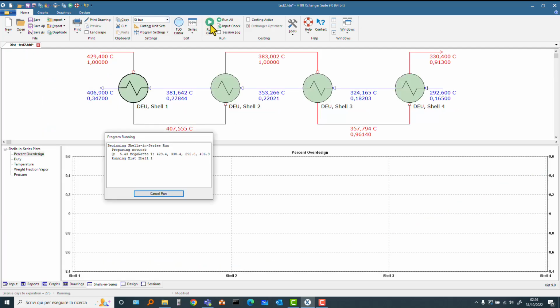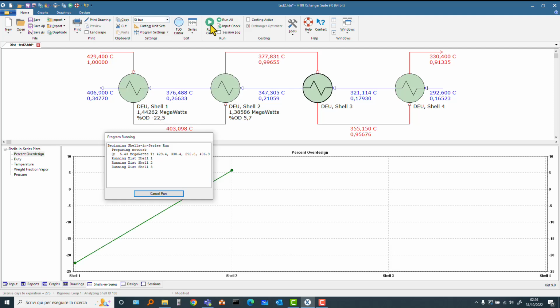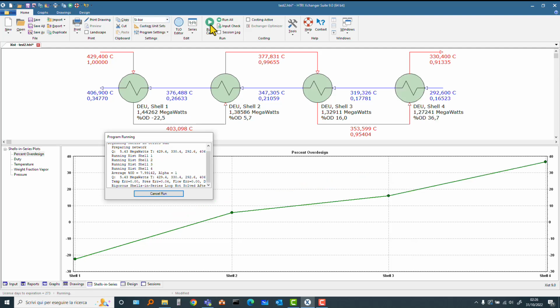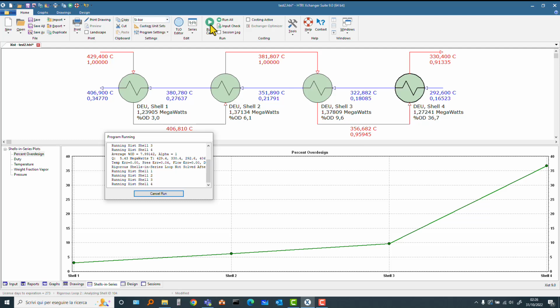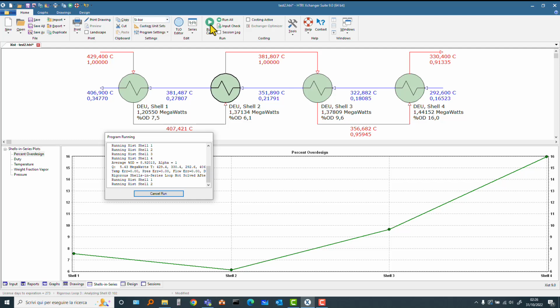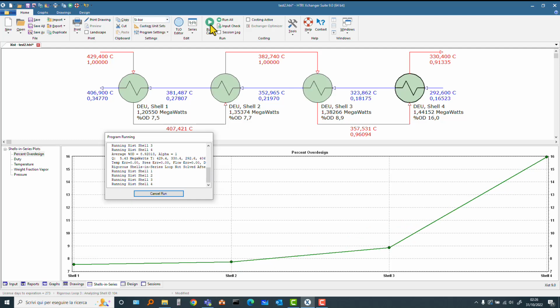Well, we could also have tried to increase the number of baffles in order to increase the performance, so the coefficient on the shell side. However, maybe it's also useless because we already have a good performance.